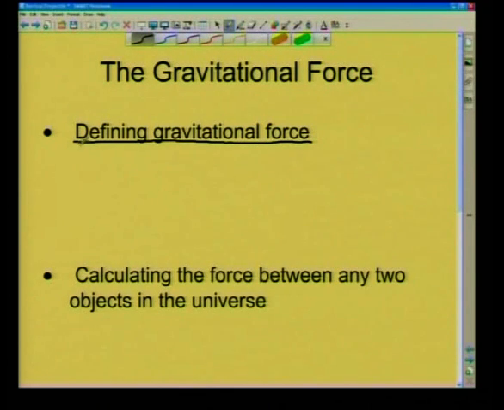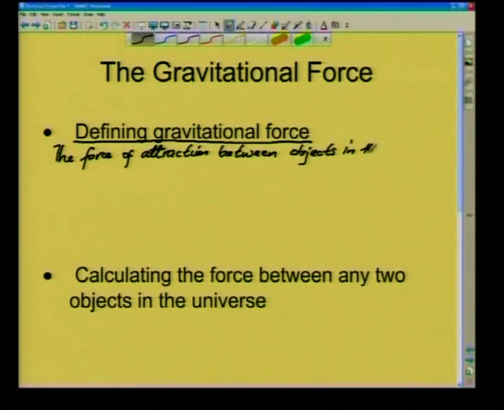Gravitational force is the force of attraction between objects in the universe. Every object attracts another with some force in this universe.